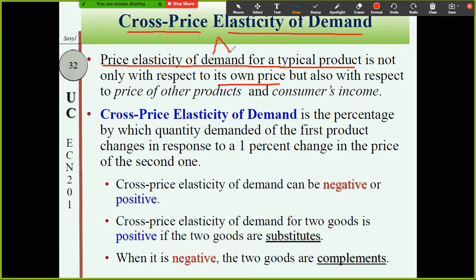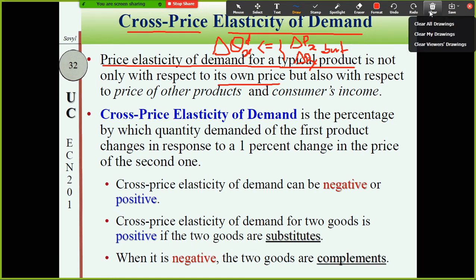It means that the change of quantity demanded for good X is not only affected by the change of price X, but also by the change of price Y. If a price change of X makes the quantity demanded for good X change, we call this price elasticity of demand for good X. But if the quantity demanded for good X changes not because of price X but because of price Y, or price A, B, Z, M, N, we call this cross price elasticity of demand.